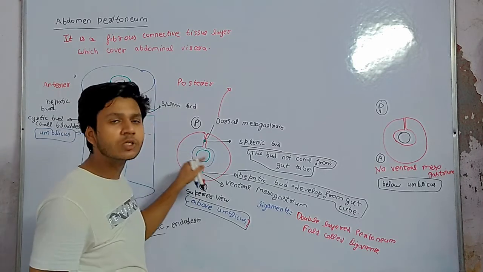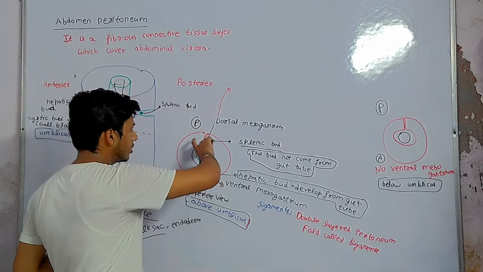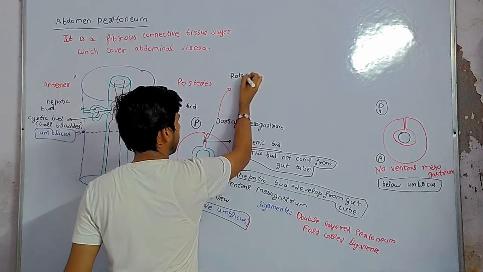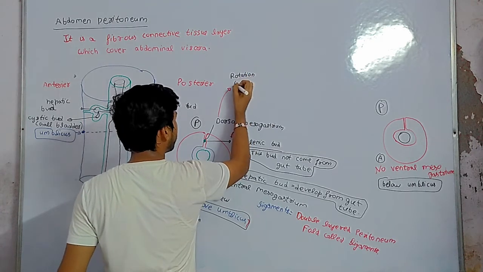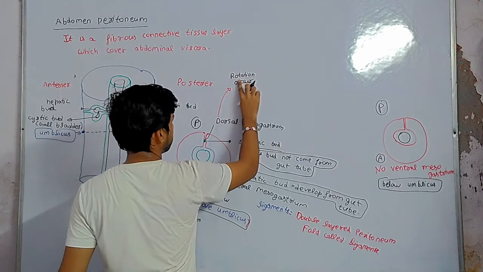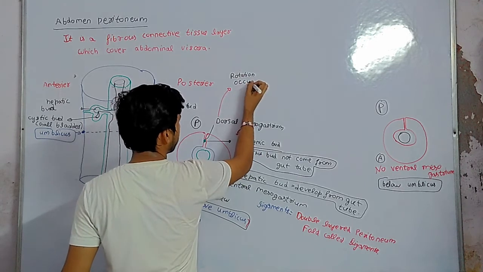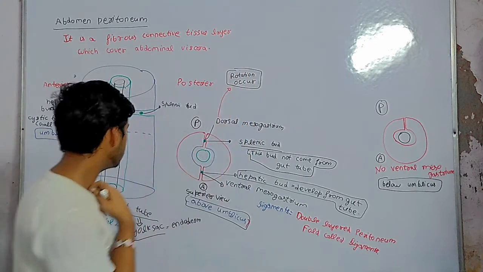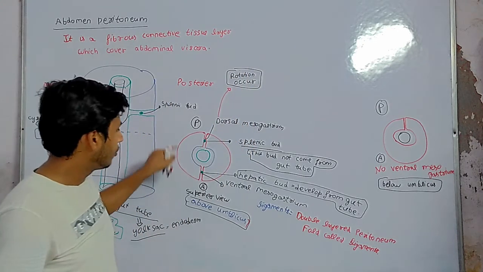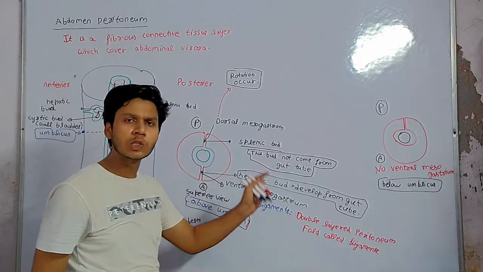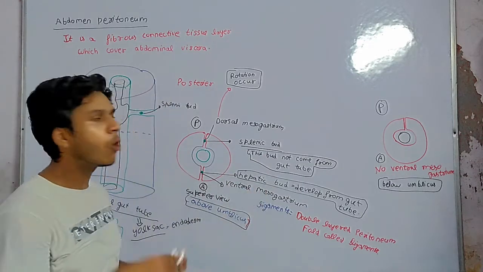Also the stomach is not present anteriorly. So rotation also occurs, and the liver also develops. Due to rotation, the liver comes to the right side, the stomach goes to the left side, and the spleen also goes to the left side, as we know in the normal situation.